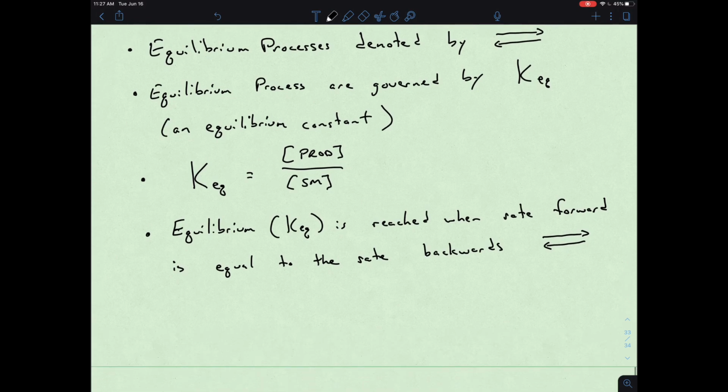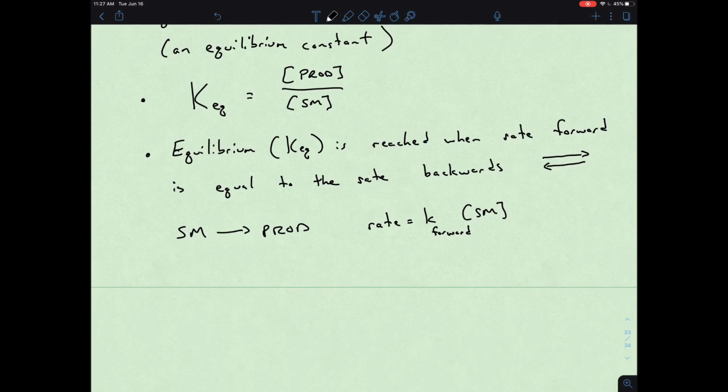If we think about it, we could actually write this in terms of a rate. If we were looking at just going from starting materials to products, we could say that our rate is equal to little k times the starting material. Let's call that k forward. But we also have the other direction, going from products to starting materials.